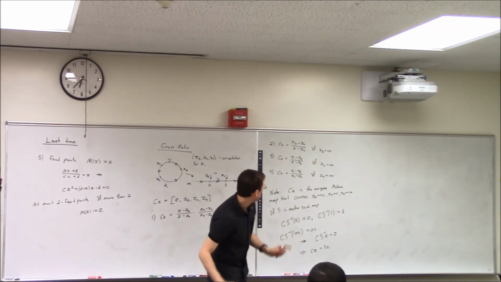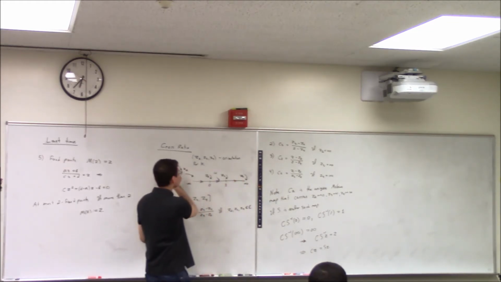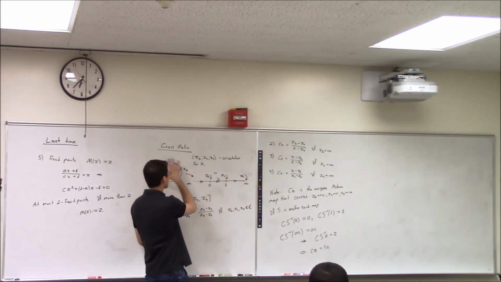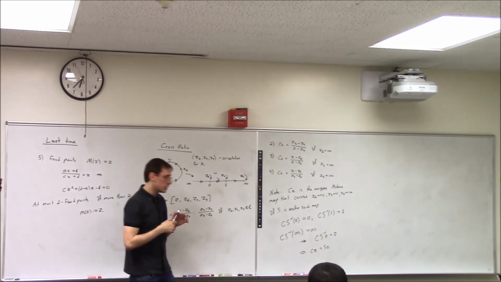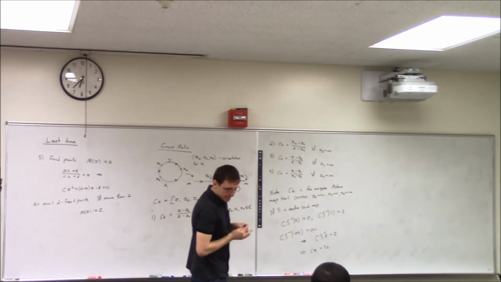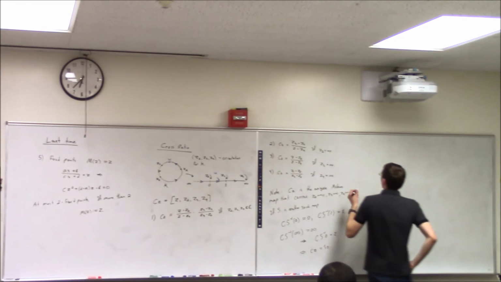All right. So right away from here, we know that we already have a unique map that will carry the circle to a horizontal real line. So maybe I should make another note.